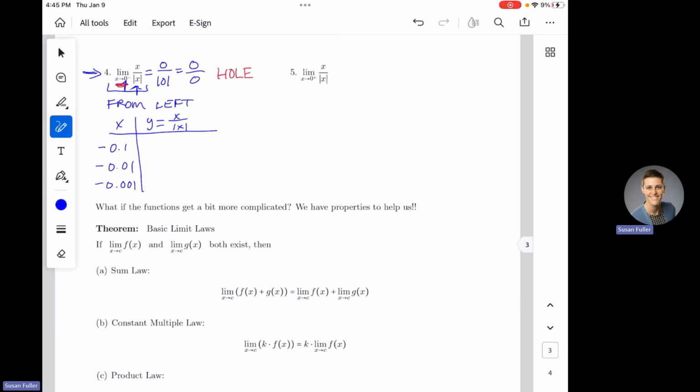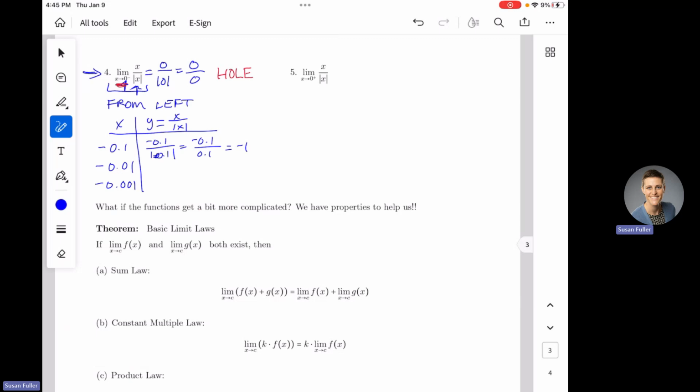Okay, so our first x value is negative 0.1, so I'm going to plug it into my function. Y is going to be negative 0.1 over the absolute value of negative 0.1. The absolute value of negative 0.1 is positive 0.1, and this whole thing is negative 1. You can put that in your calculator if you want to, but this calculation specifically isn't too bad.